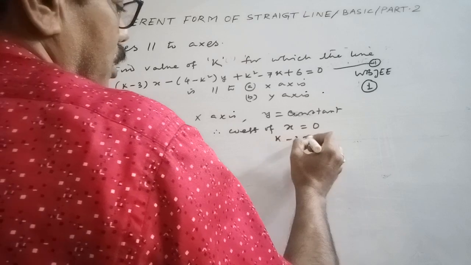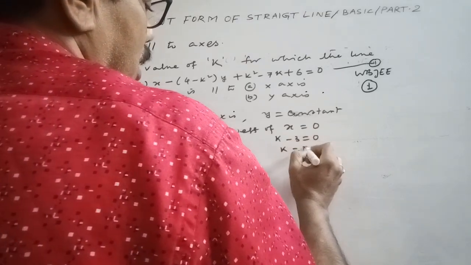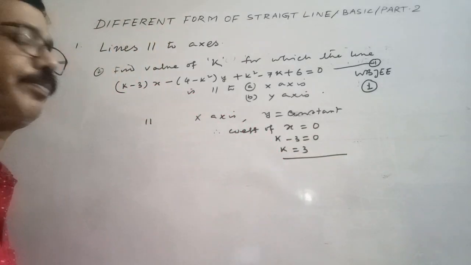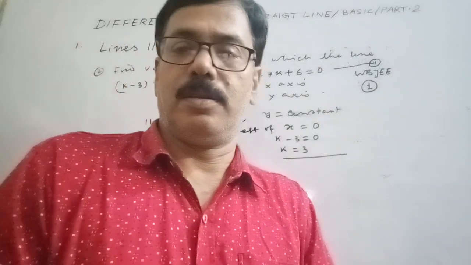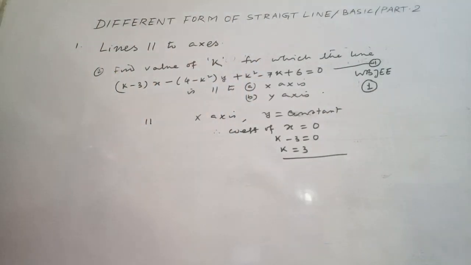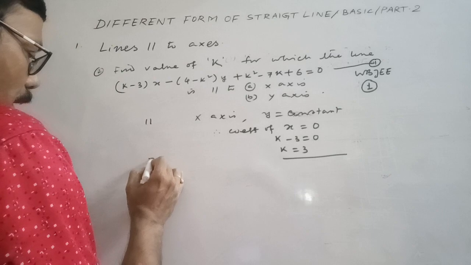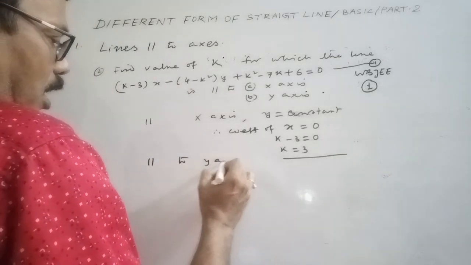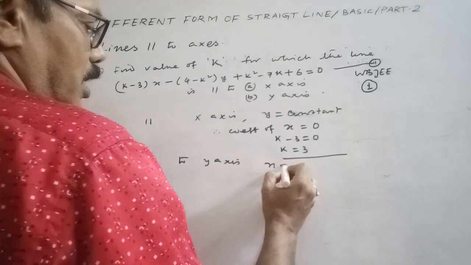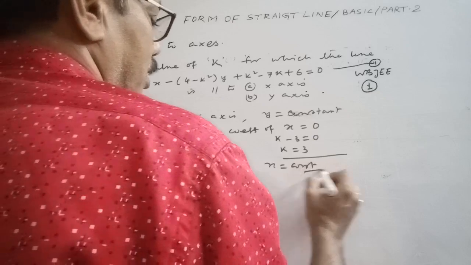So k minus 3 equals to 0, k equals to 3. Simplest.